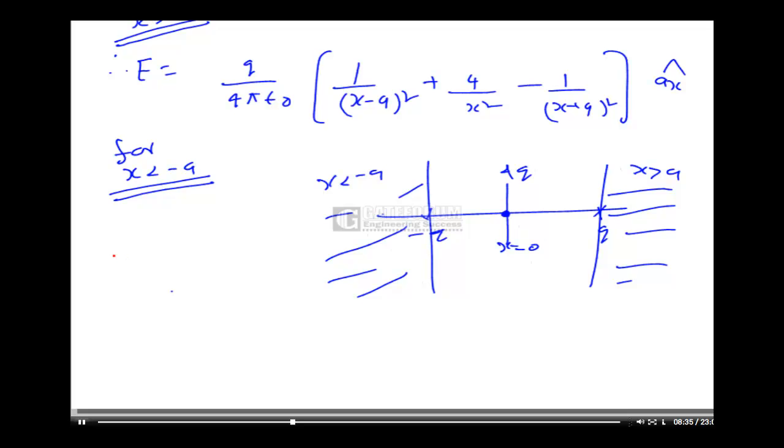Therefore, we can say that suppose this is E1, E2, the electric field for the region less than minus a is exactly opposite to E1. That is E2 is equal to minus E1 because of symmetry.